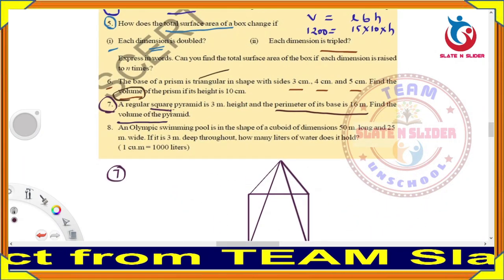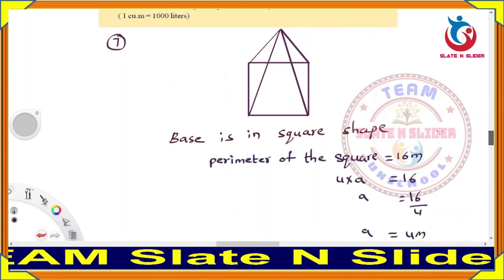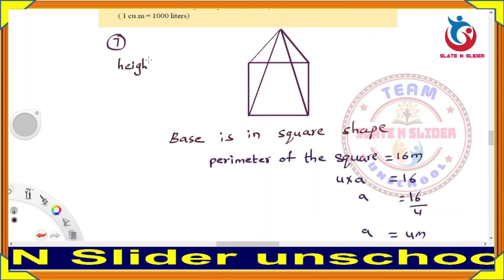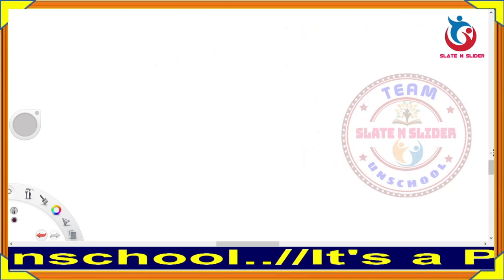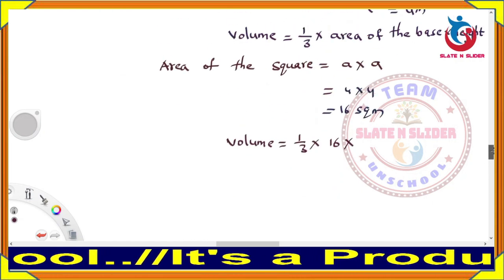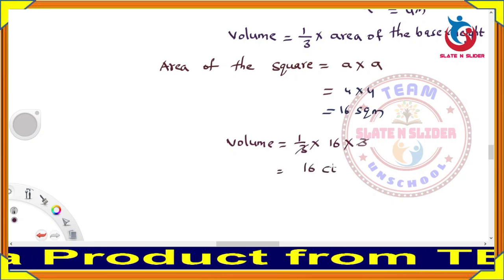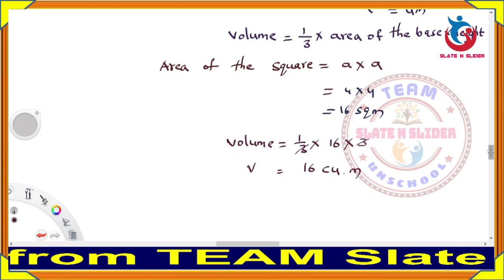In the question itself it is given that the height is 3 meters. So in the beginning itself we have to write the height is equal to 3 meters. 3 gets cancelled. This 16 cubic meters is the volume of the pyramid.